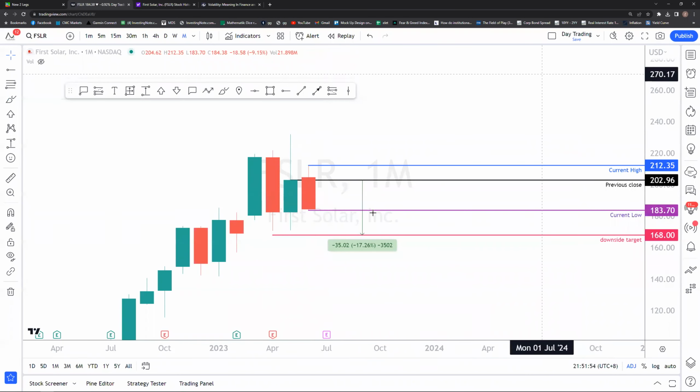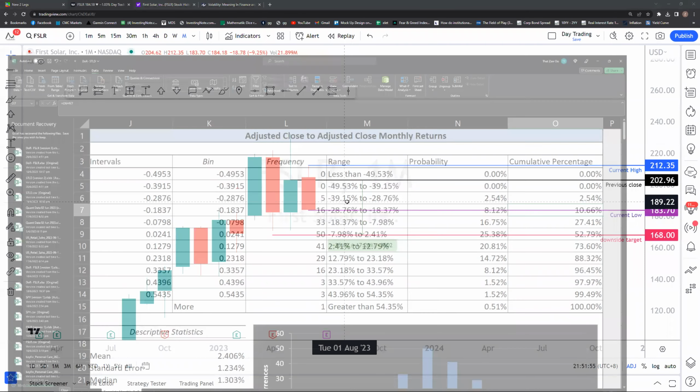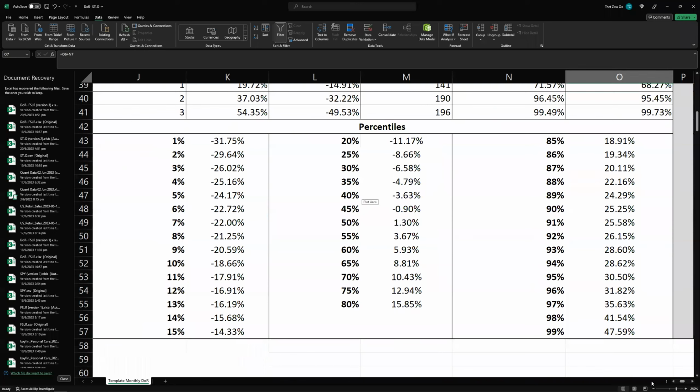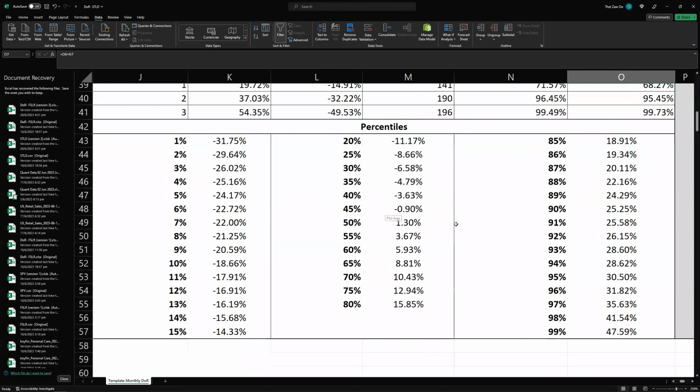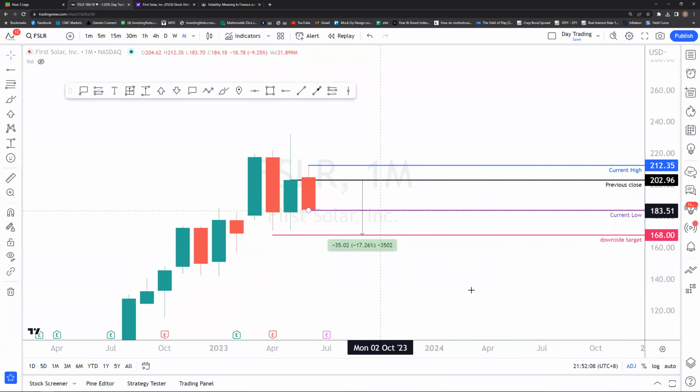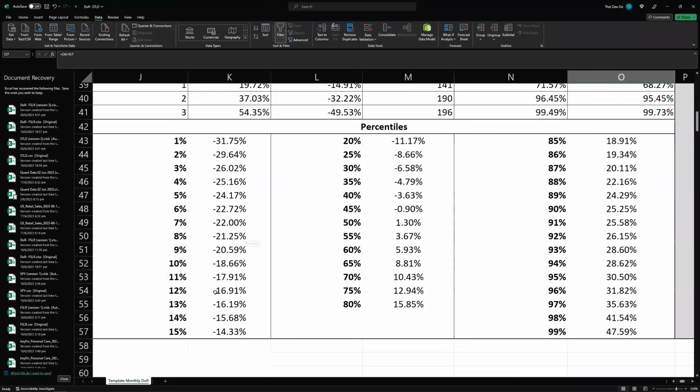Now that is one way you can look at it, but you can actually look at the percentile table also. So we are looking at 17% downside from the previous closing. 17% downside is somewhere here, this one, 16.91 is the closest.